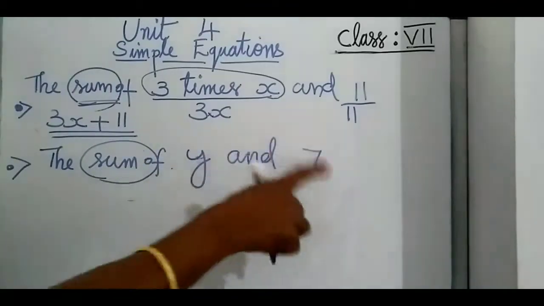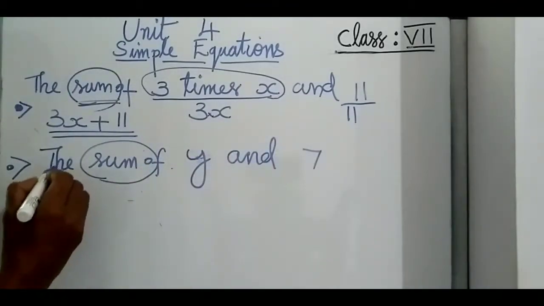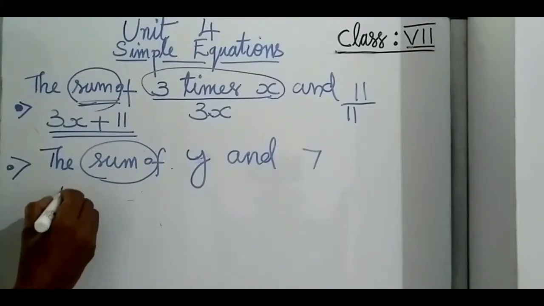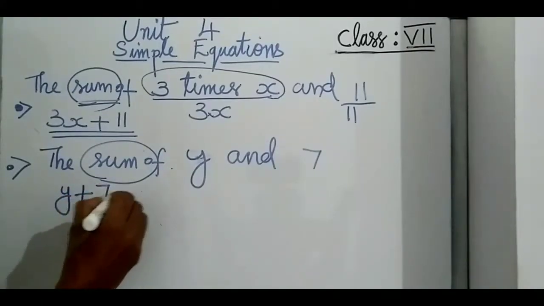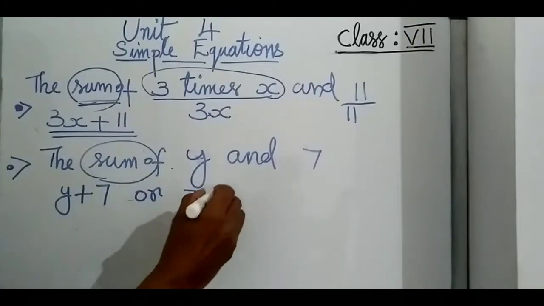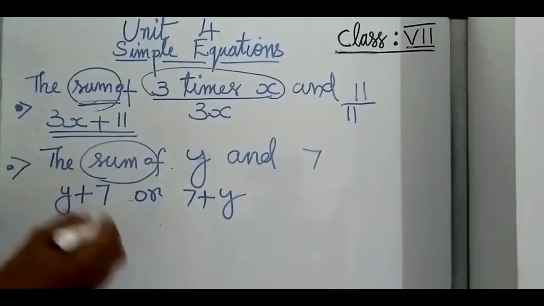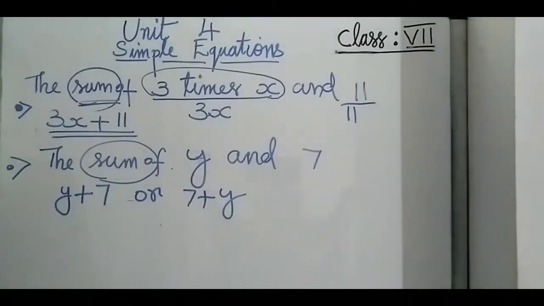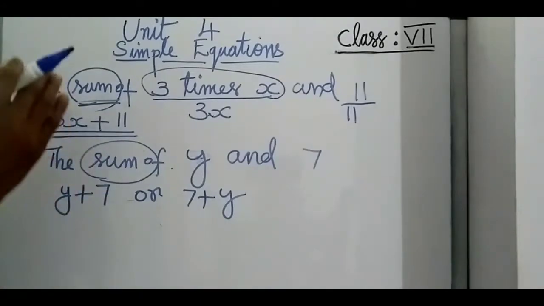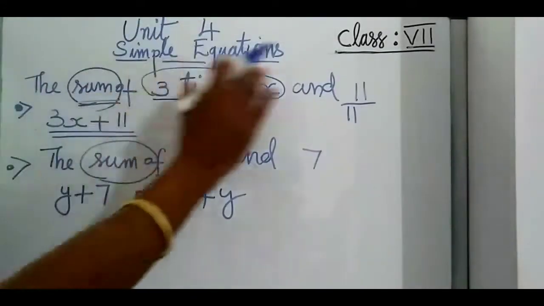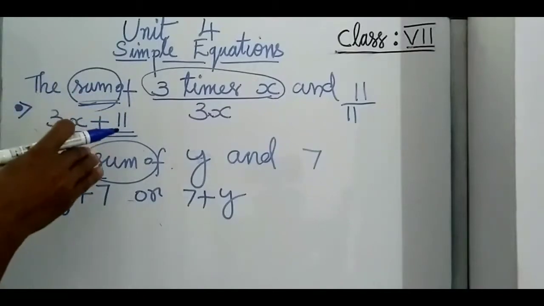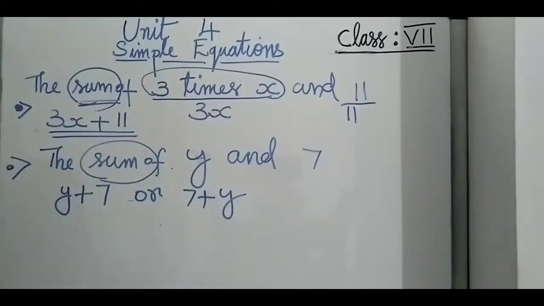Whose sum is given? y and 7. So we can write the algebraic expression y plus 7 or 7 plus y. Both are correct. If we know the statement form, we can convert it into an algebraic expression.